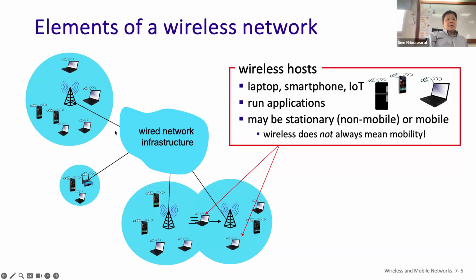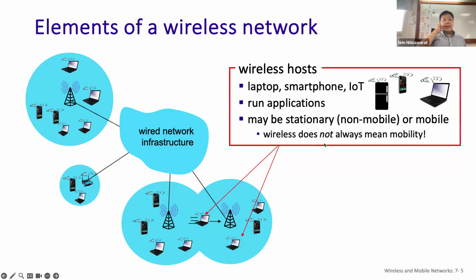Similarly, for Wi-Fi, you need the Wi-Fi chipset inside your smartphone. So basically, these end devices are any wireless capable devices that are basically computers, right? So they run applications.